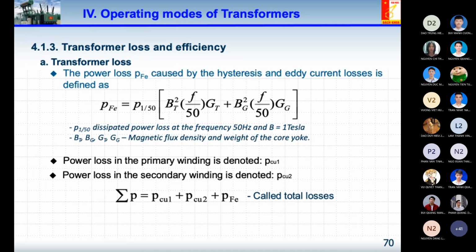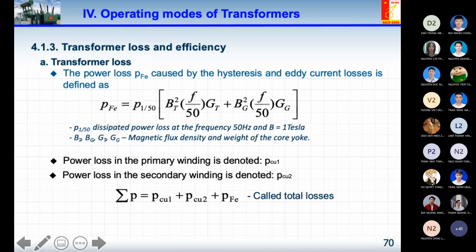Okay, for that, the first load is the power loss. Now we continue. We are considering the different losses coming from the copper loss of the primary winding and the secondary winding of the transformer. That is PCU1 and PCU2, as I said before. Here you can see PCU1, PCU2, and of course PFE we defined in advance already.